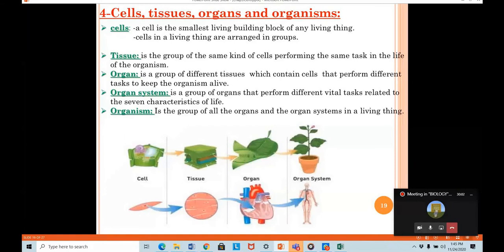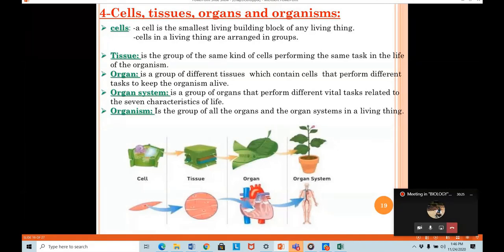Very good. Organ is a group of different tissues which contain cells that perform different tasks to keep the organism alive. Very good. An organ system is a group of organs that perform different tasks related to the 7 characteristics of life.